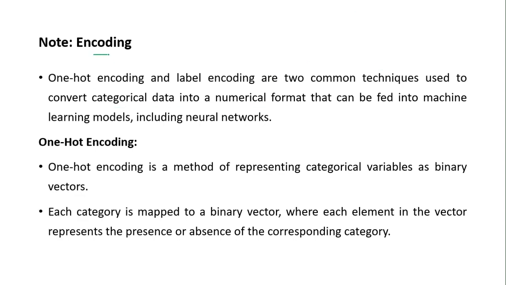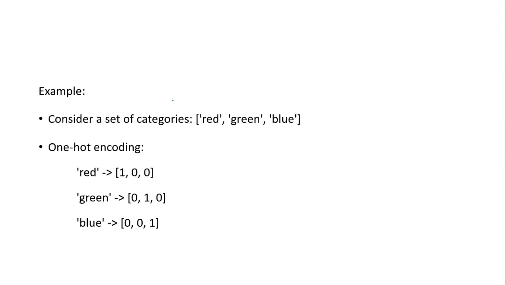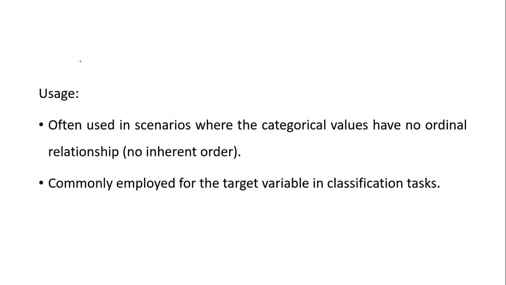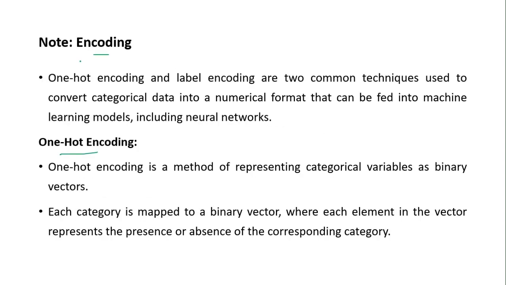Mainly, we will be using two types of encodings: one-hot encoding and label encoding. We have other encoding schemes also, but I am limiting the discussion to only these two. Encoding is used to convert categorical data into numerical form.